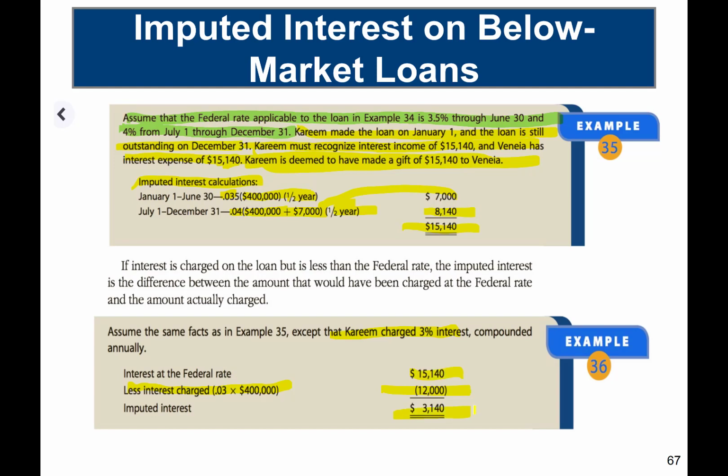Now he has to pay tax on that increment, the 3,140. So obviously, if he doesn't charge any interest, it's just whatever the federal rates were that were applied to that. If he charges some interest, then it's the difference.